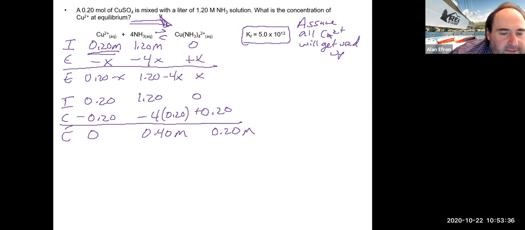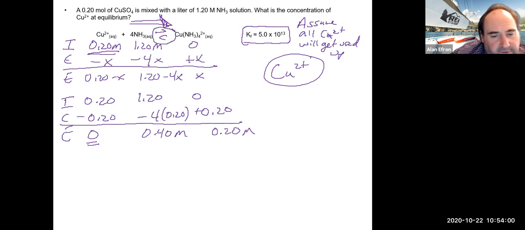So we are interested in what is the equilibrium concentration of copper 2. And you may say to yourself, then it must be 0. And it wouldn't be much of a problem if the answer is 0. So we assume that all the metal is going to be used up in this type of situation because the K value is so large. But we do have to remember that this is a reversible reaction. So even though almost 100% of it is heading in this direction, it is reversible, which means even a small little bit is going to head back the other way, which means some of that product will break apart into those ions.